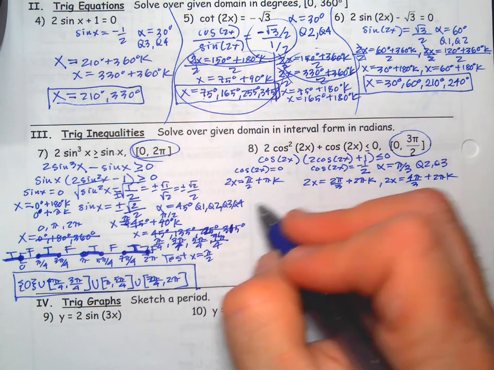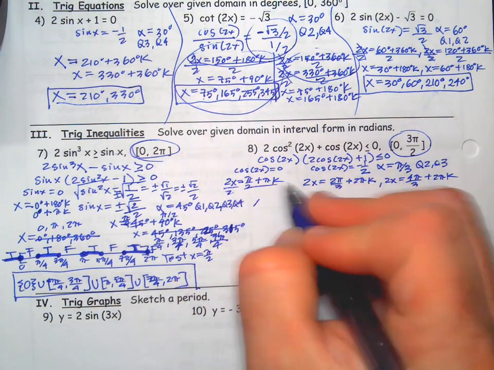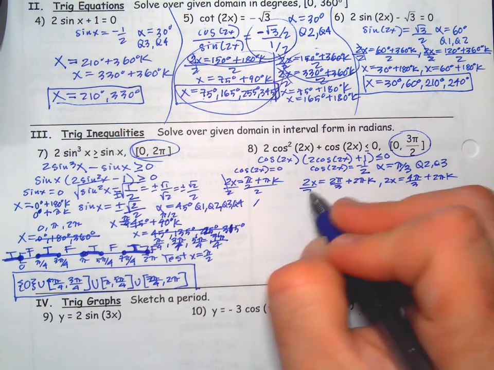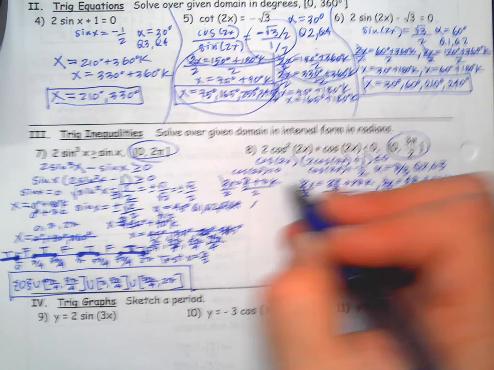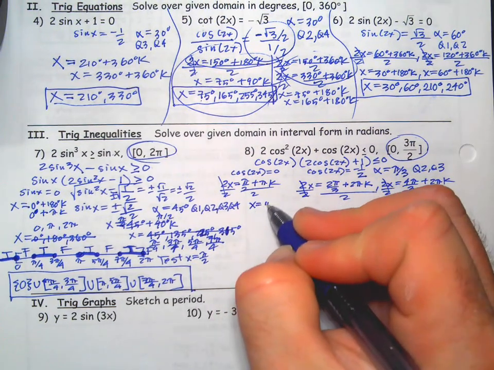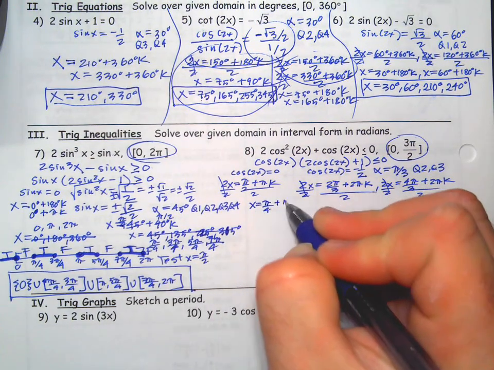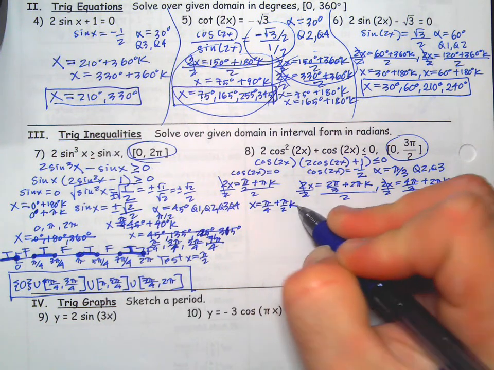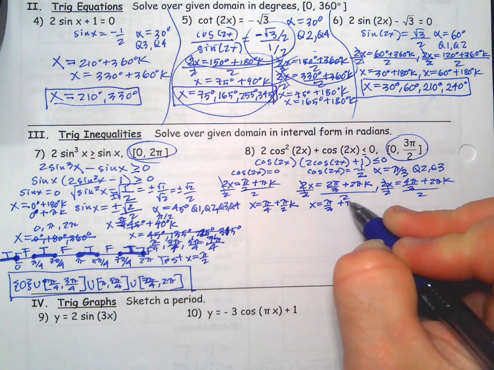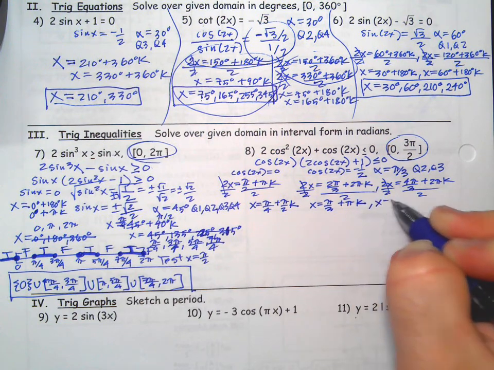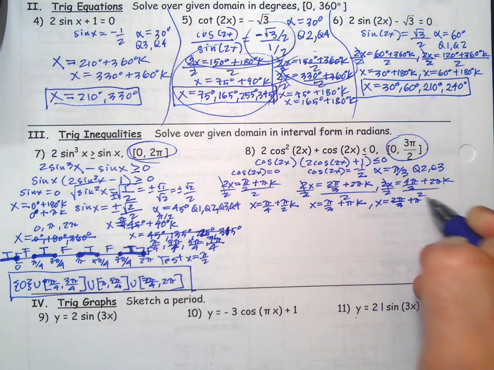Okay, so we're going to divide by 2. And we're going to get x equals pi over 4 plus pi over 2k, and x equals pi over 3 plus pi k, and x equals 2 pi over 3 plus pi k.